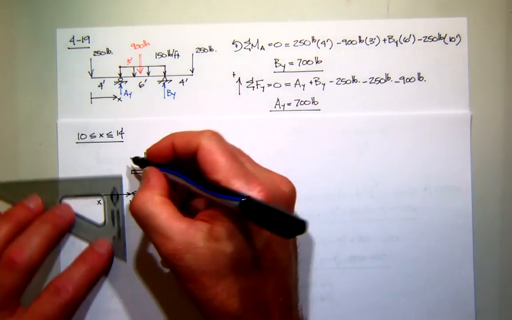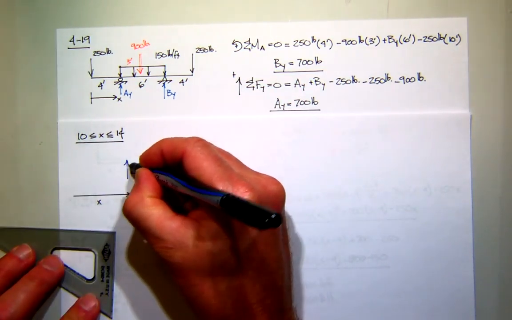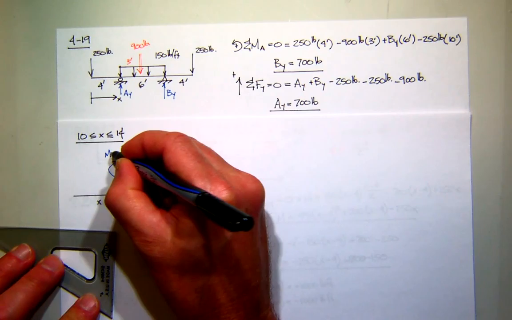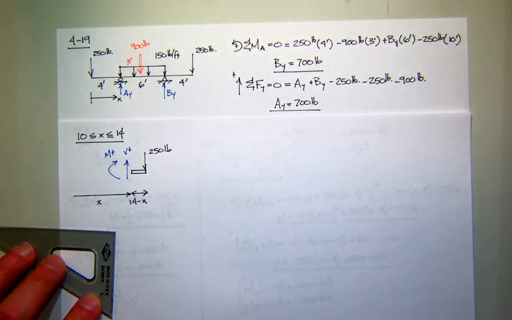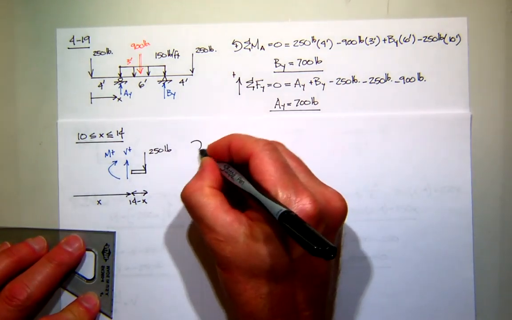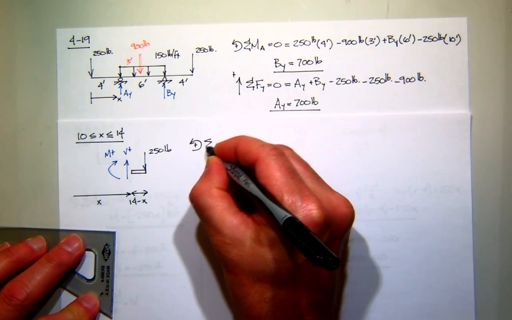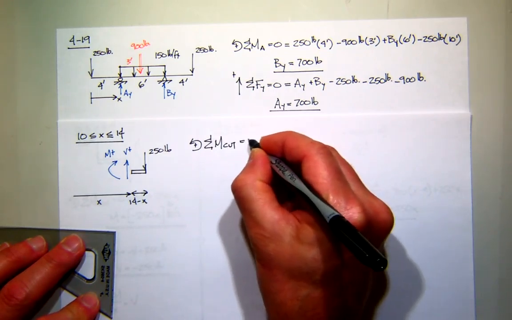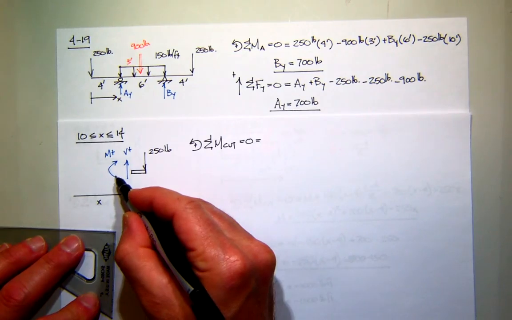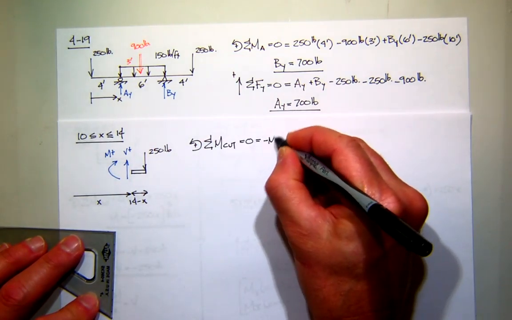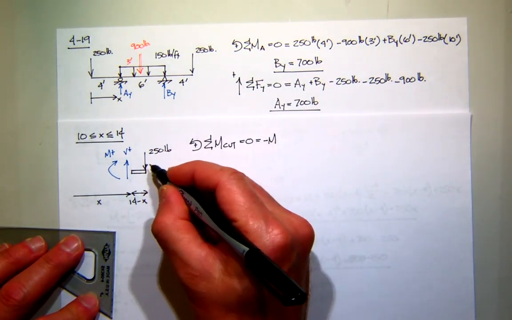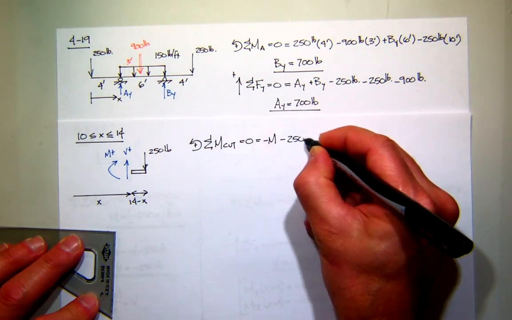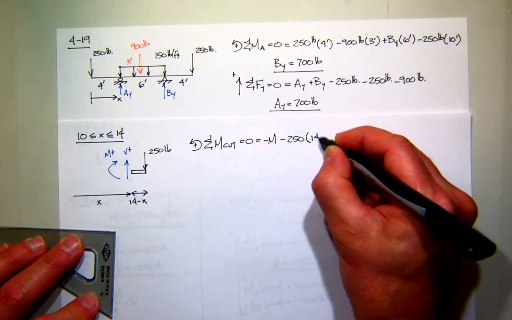And then at that cut, I have positive shear and positive bending moment. So summing the moments about the cut and setting them equal to 0, this moment will be negative. The 250-pound force is also creating negative moment with a moment arm of 14 minus x.